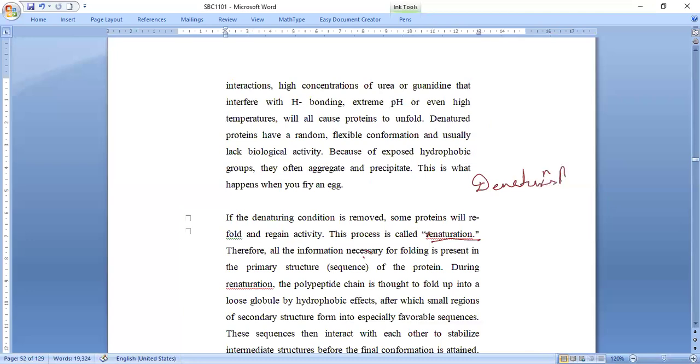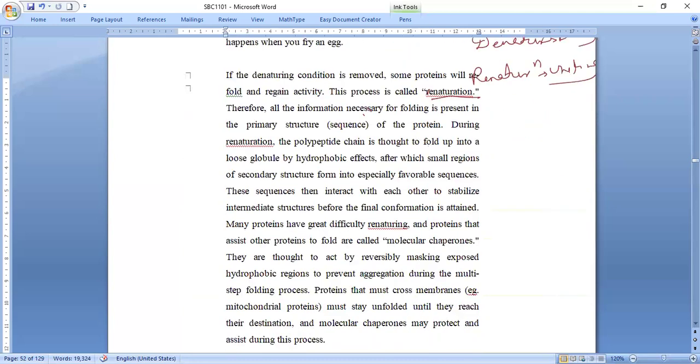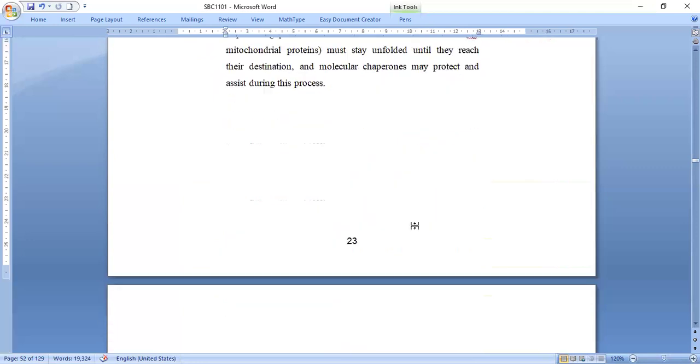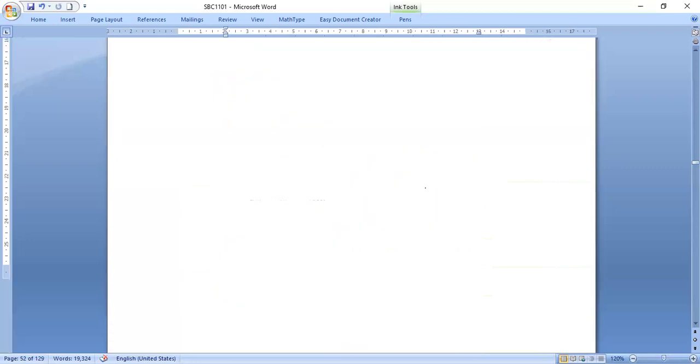Denaturation means breaking, renaturation means uniting. And that are forming different types of conformation centers.